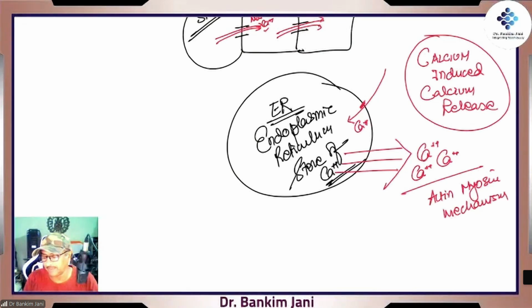Because if the calcium is not there, then muscles won't contract. So that's where they are used. Then once again, when the muscles relax, the endoplasmic reticulum will store that calcium.